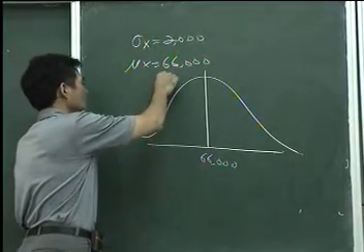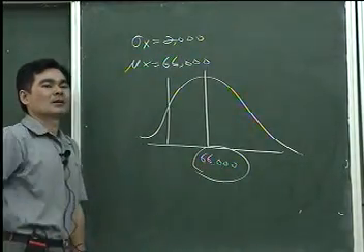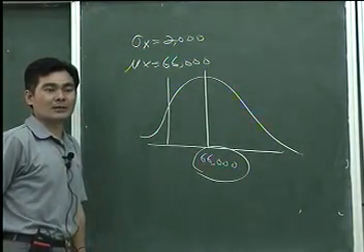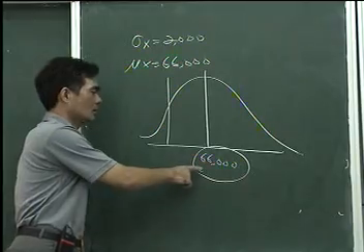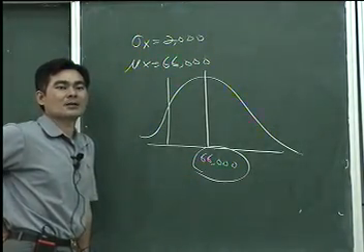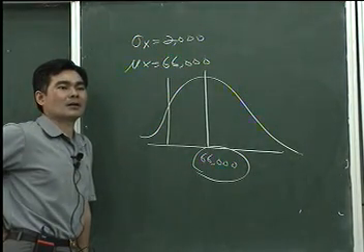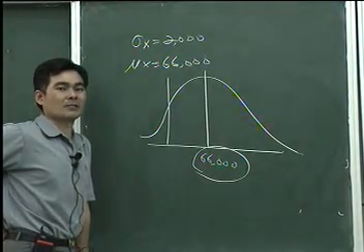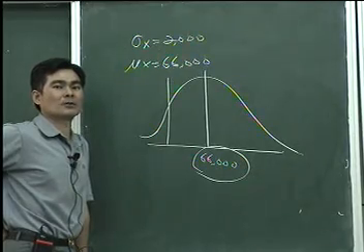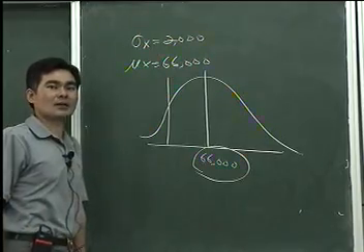So what does that mean? That means they already know this is the number for the mean, okay? The average, the tires can last for 66,000 miles. But they want to make sure that any product that may be defective is only 4%. And you want to figure out what's the critical point of that limit.